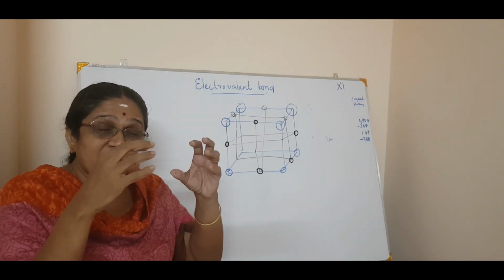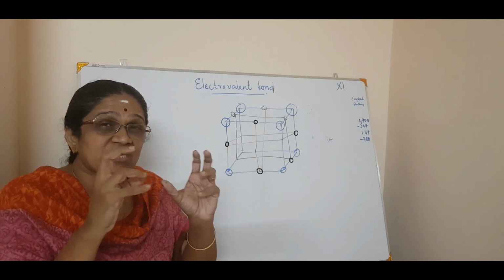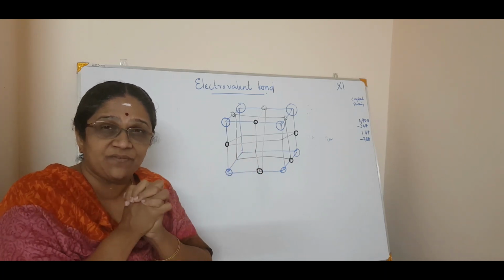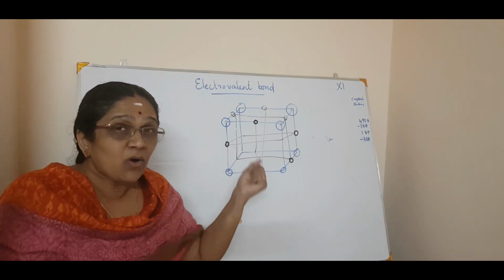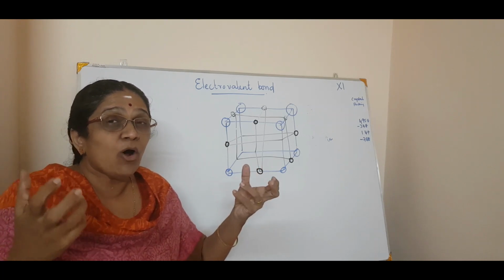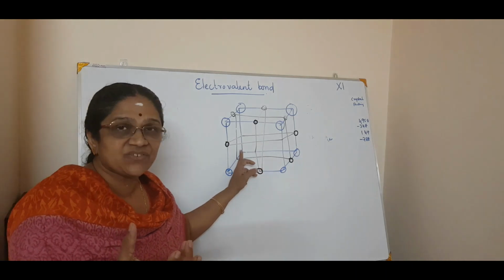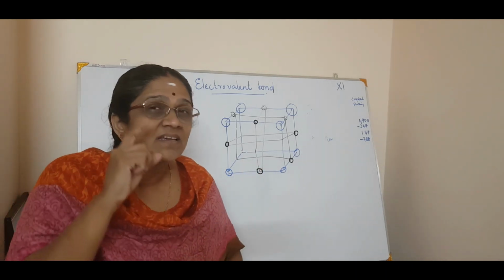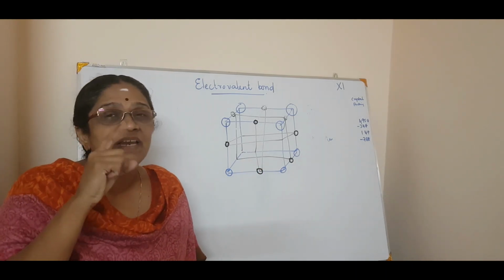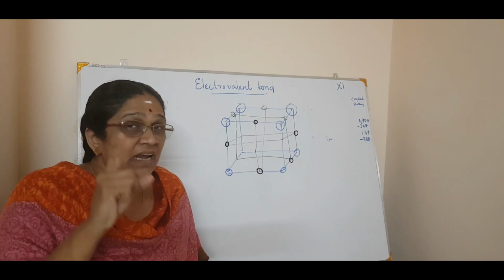So in order to have that type of arrangement, with solid packing efficiency, some amount of energy will be released by attaining this structure. That's what I said, this crystal structure is stable in nature. Stability means what? Less energy.